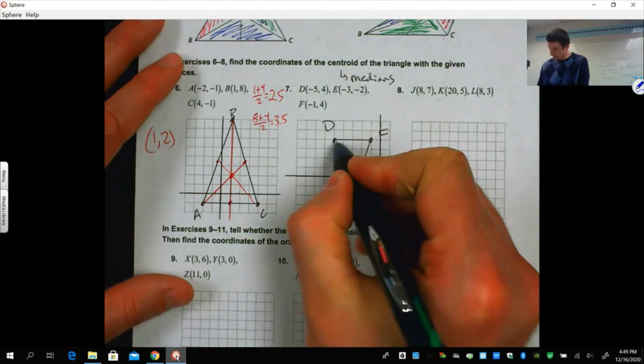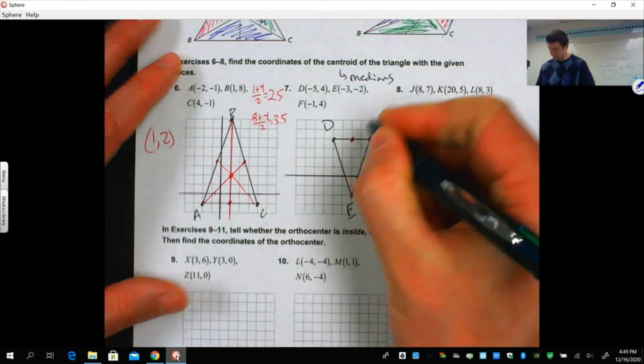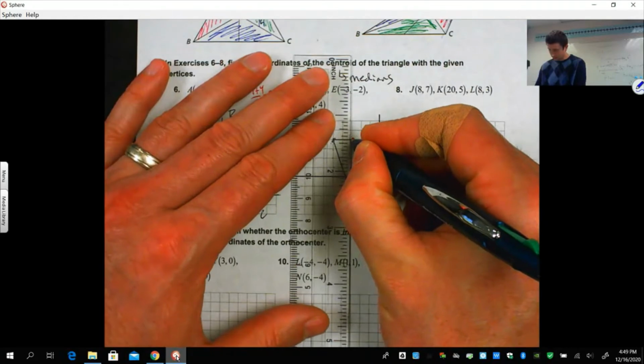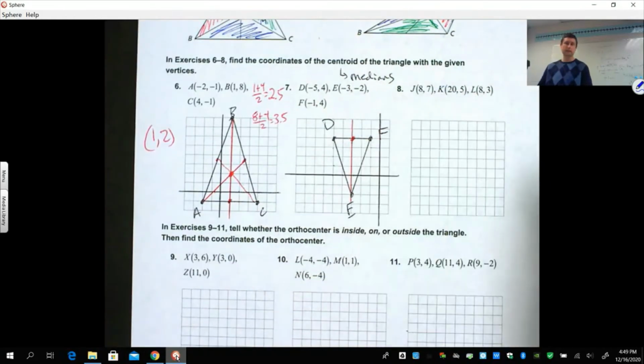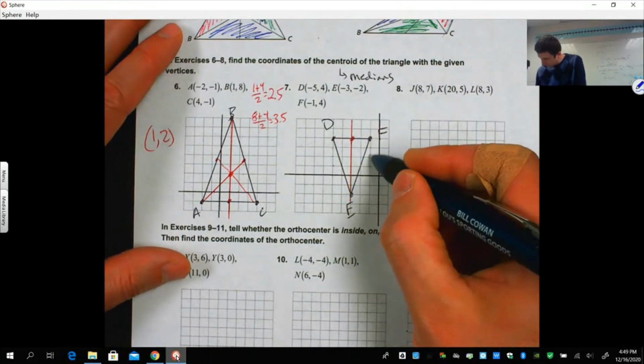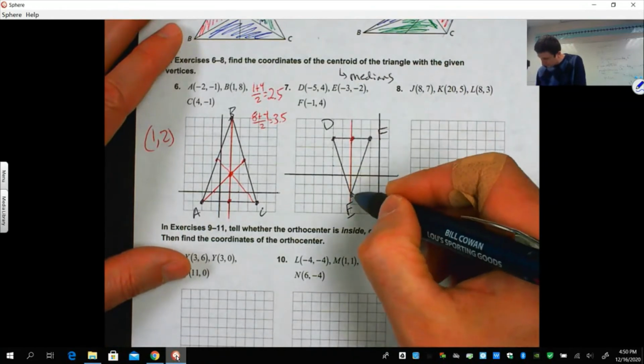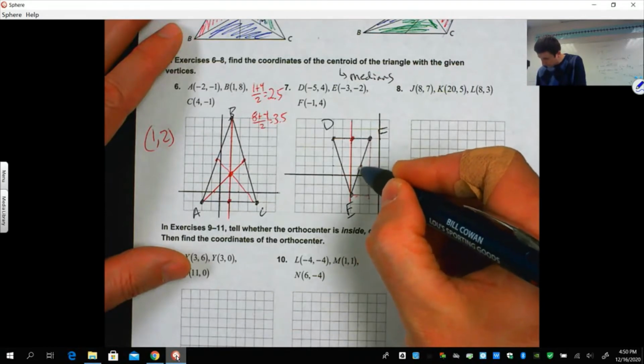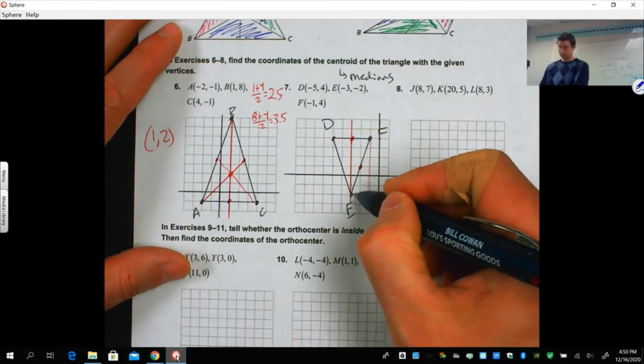Okay, horizontal side, my median is right there. So this is also an altitude then, since it's an isosceles triangle. So if I want to find the median of this side, that has a difference of 2. So it's going to be right there. Okay, because there has to be 1 unit in between them.